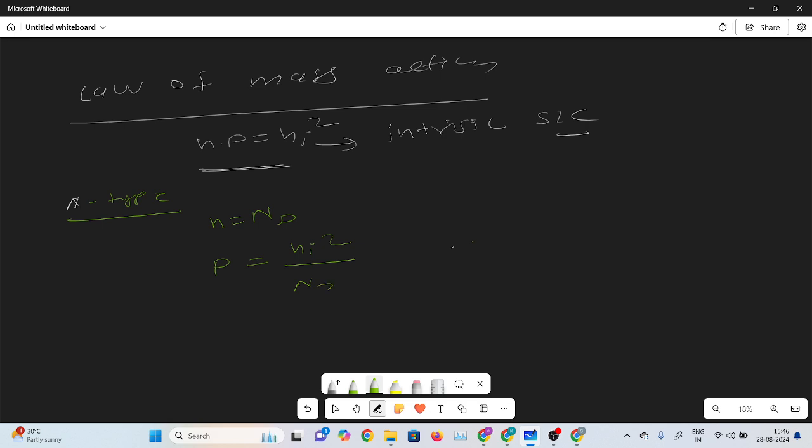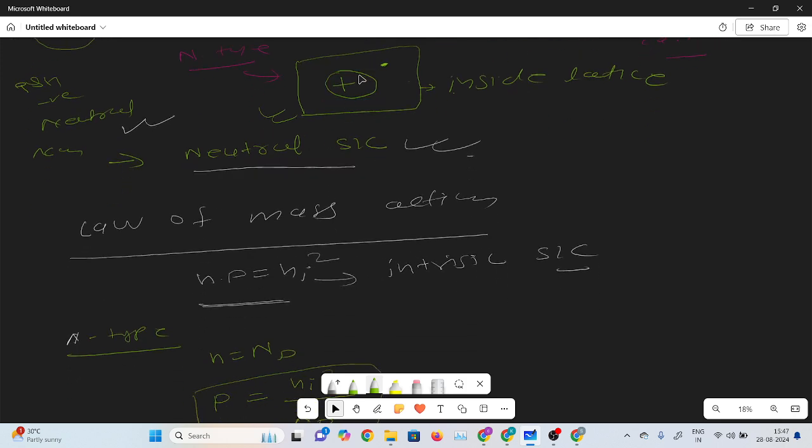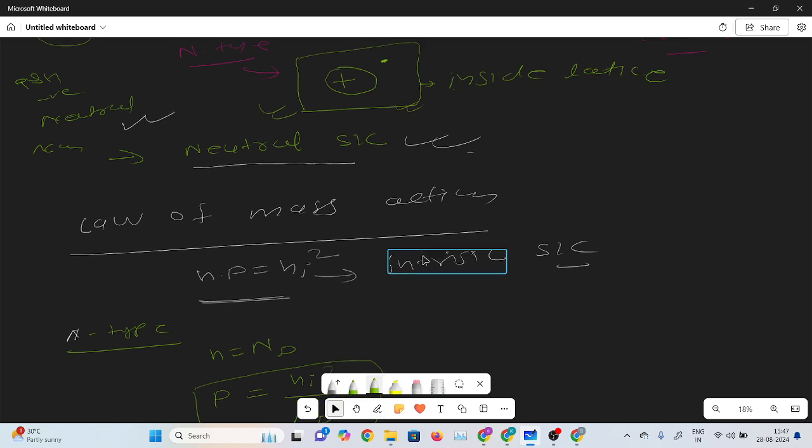This is the minority carrier concentration in case of the n-type semiconductor. I hope you understand the basic idea. You should remember only one thing: this is the representation of the n-type semiconductor, this is the donor, and overall it will be neutral. That happens only inside the lattice.